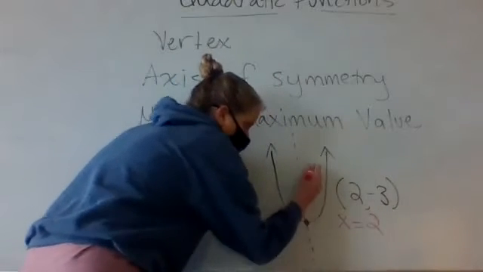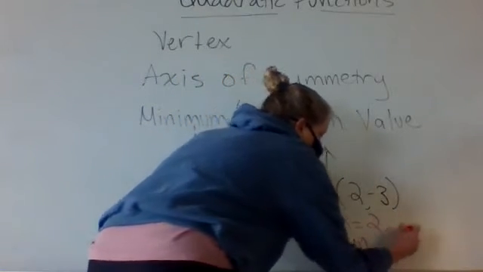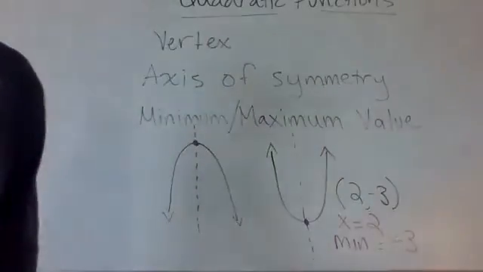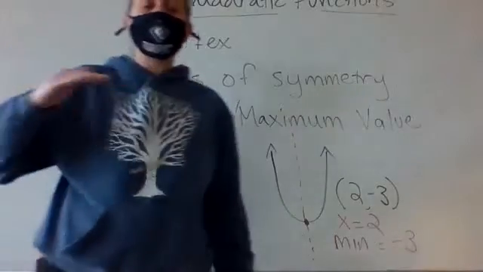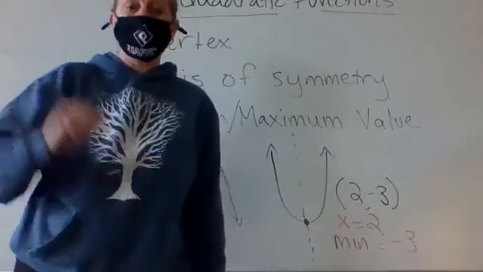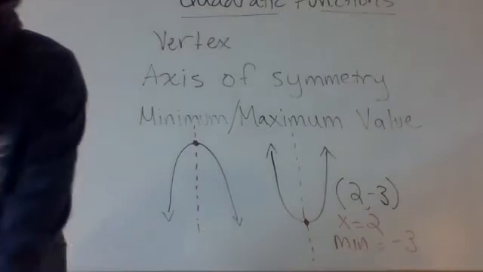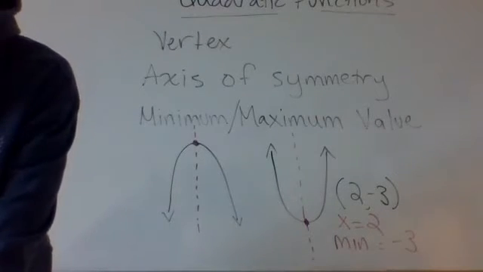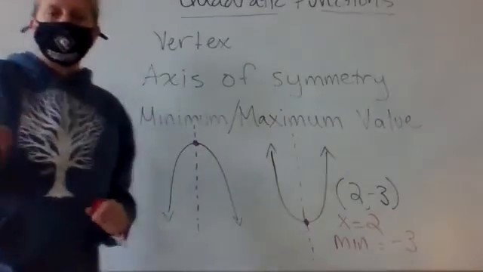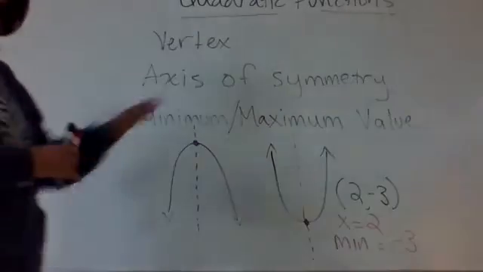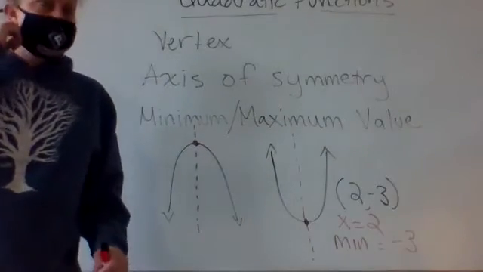So this one, since it's at the bottom, would have a minimum value of -3. We don't say y equals -3 because we're not talking about a line. We are just talking about a certain value. So these are the three things that we're going to go over on the first several problems. And again, they all stem from finding the vertex first.